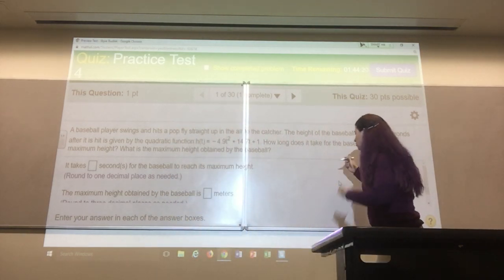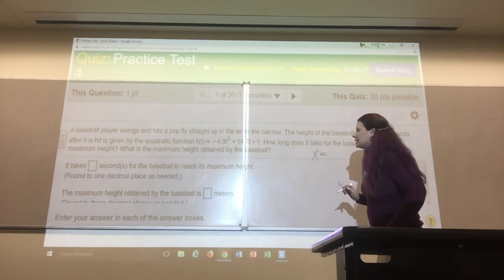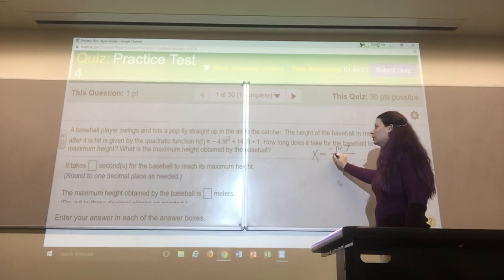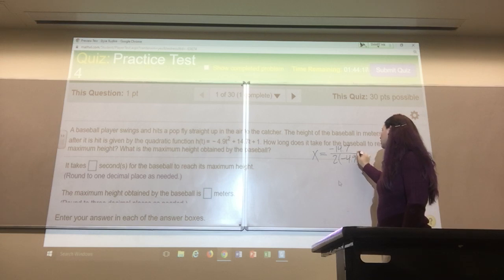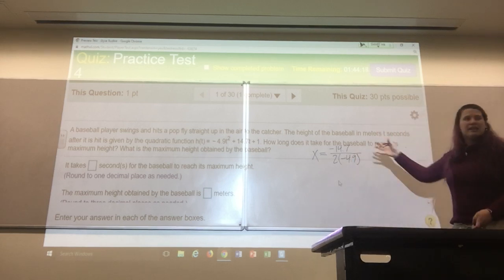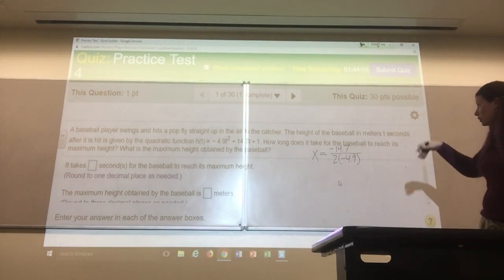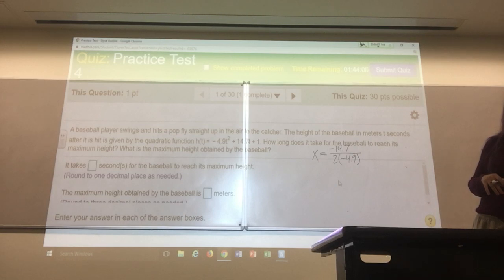So x is equal to, in this case, negative b, which is negative 14.7, over 2 times negative 4.9, and whatever that is, I don't know. I'm no good at decimals or even big numbers like that. If you got rid of the decimal, it'd be 147.